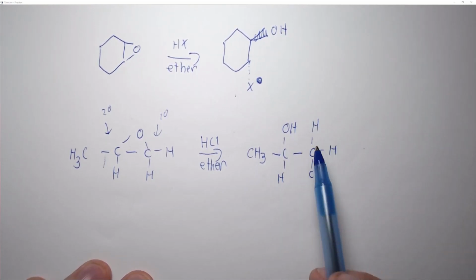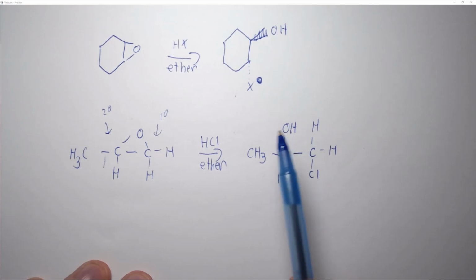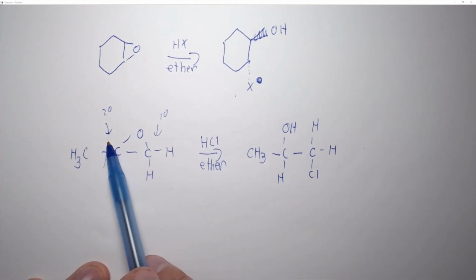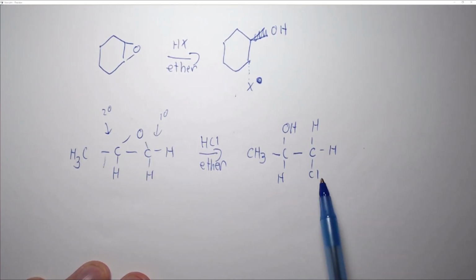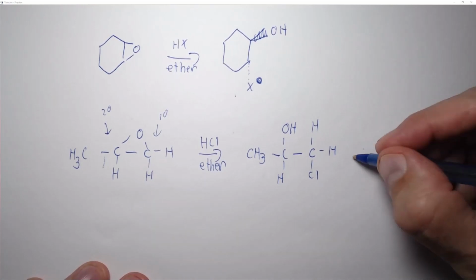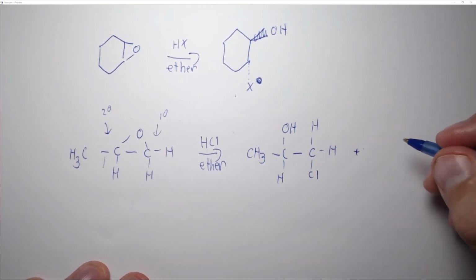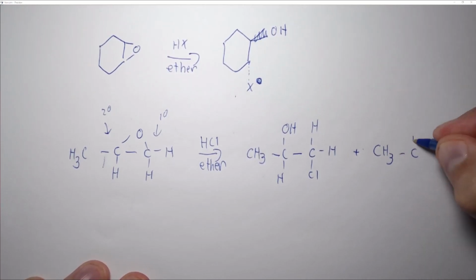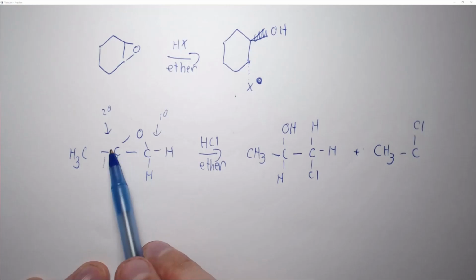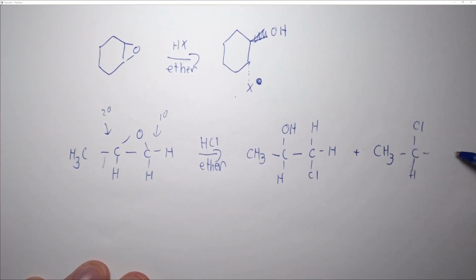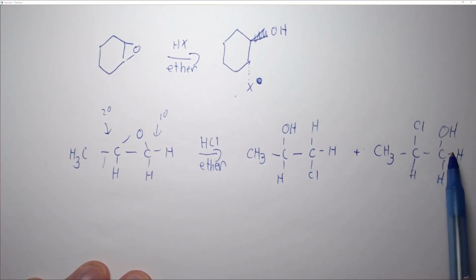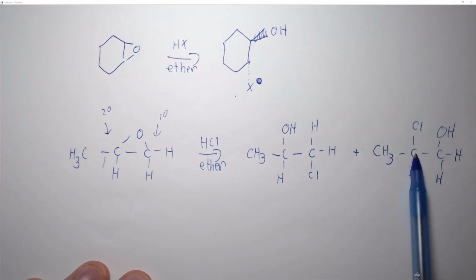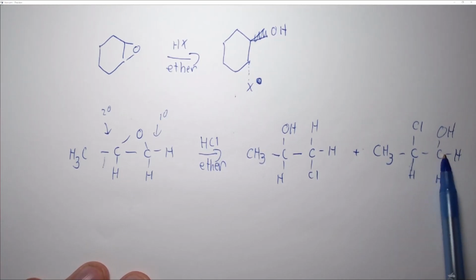So in this case, what happened? Well, the OH ended up on the secondary carbon and the Cl ended up on the primary carbon. But it turns out we can also make the other product, which is CH3 bond C bond Cl, where the Cl ends up on the secondary carbon, bond H, bond C, bond OH, bond H, bond H. So in this case, the Cl ended up on the secondary carbon and the OH ended up on the primary carbon.